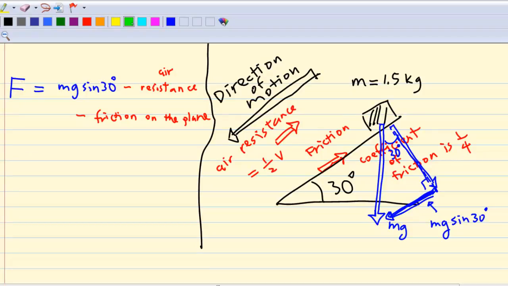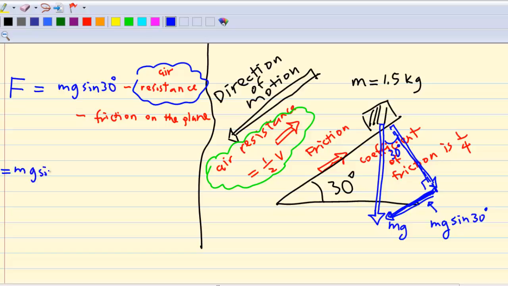The question tells us that the air resistance is half times the velocity. So this portion here is half V. That means the total force F on the object is mg sine 30 degrees minus half V minus the friction on the plane.